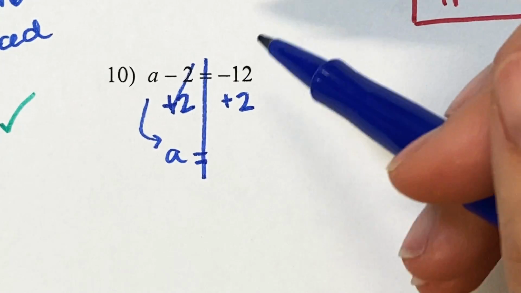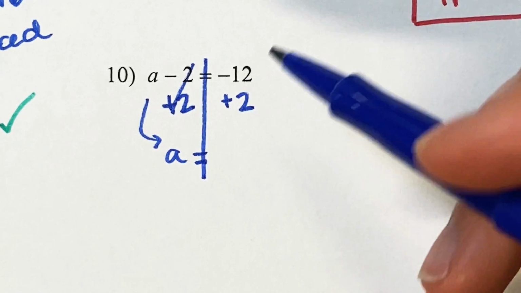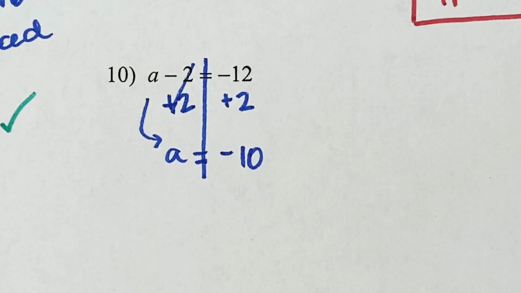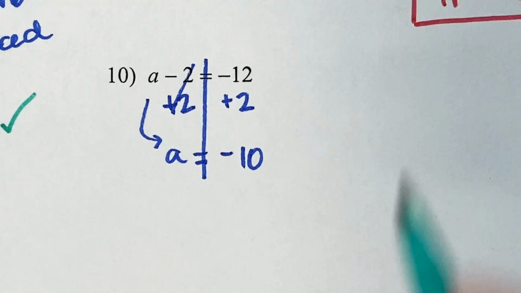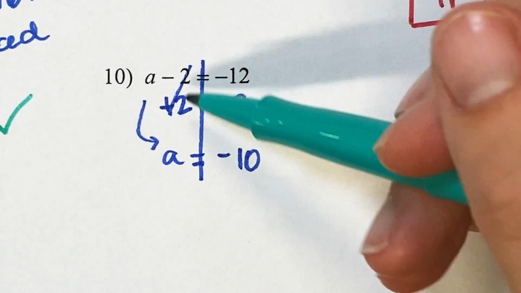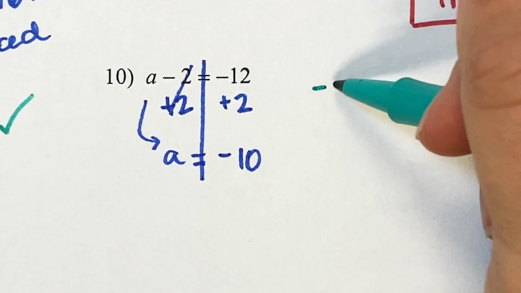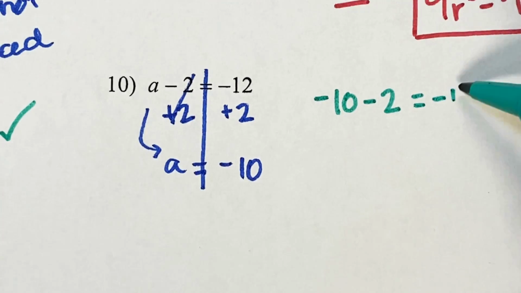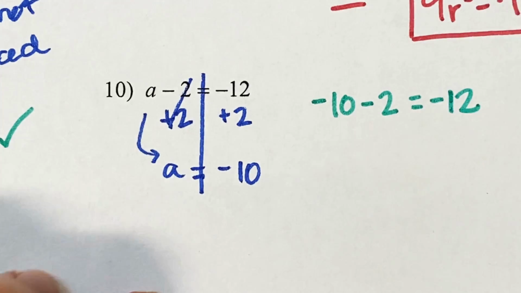So again, we're in the negatives, but we're moving towards the positives. So this is going to give me negative 10. Okay, we found our answer. Well, let's plug it in and check. So we found that a is supposed to be negative 10, so I'm going to plug that into that a spot. So negative 10 minus 2, does that equal negative 12?